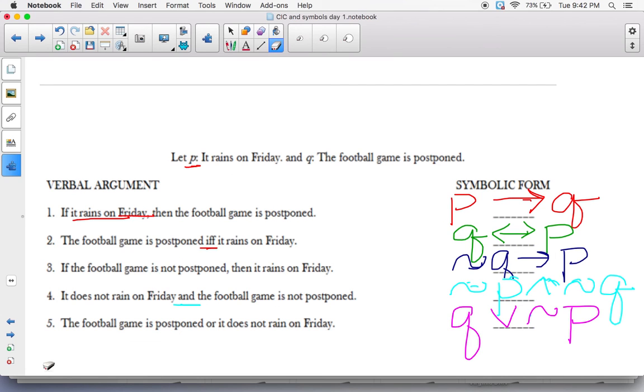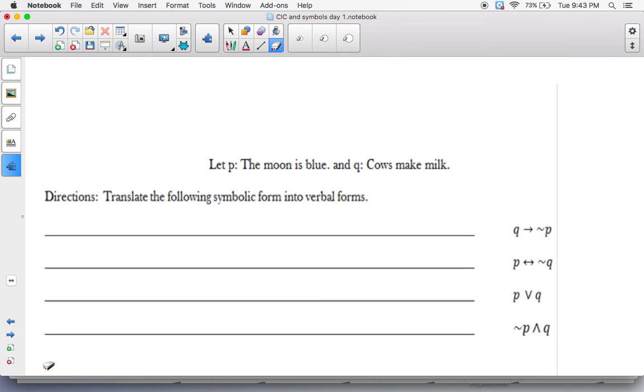Now, let's go ahead and write what each one of these statements mean. We're going to go the opposite. Q, arrow, squiggly P. Well, the arrow means if then.